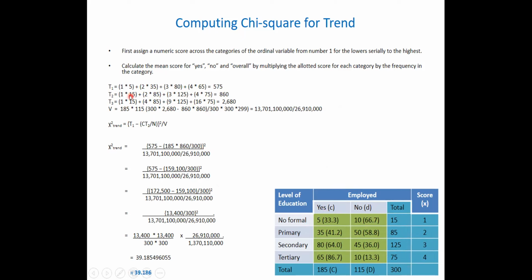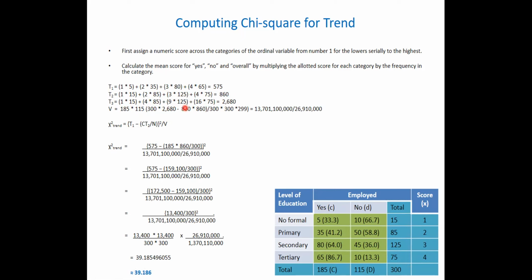T1 is for the yes. T2 is for the total: 1 times 15 plus 2 times 85 plus 3 times 125 plus 4 times 75. Then T3: 1 times 15 plus 4 times 85, 9 times 125, and so on.